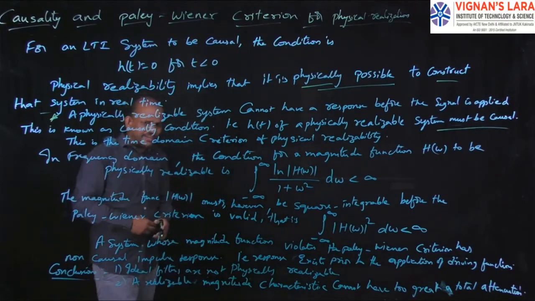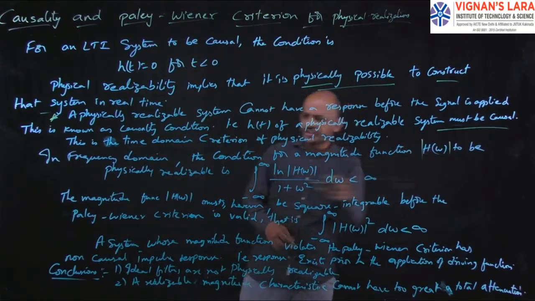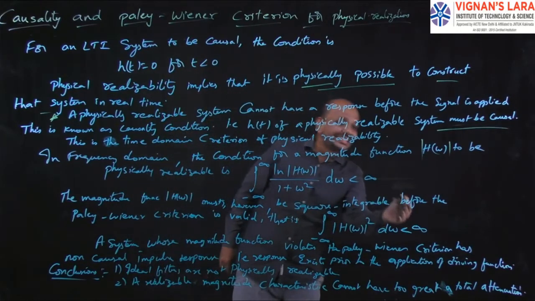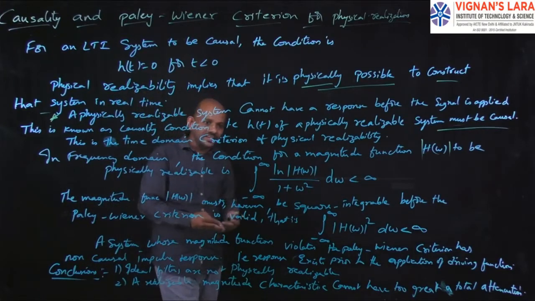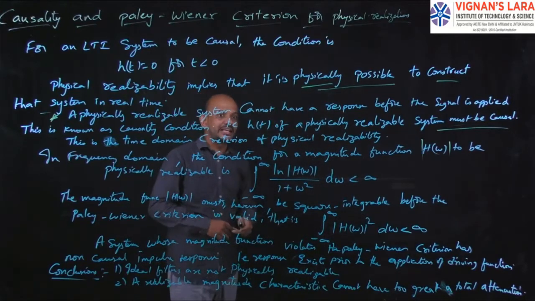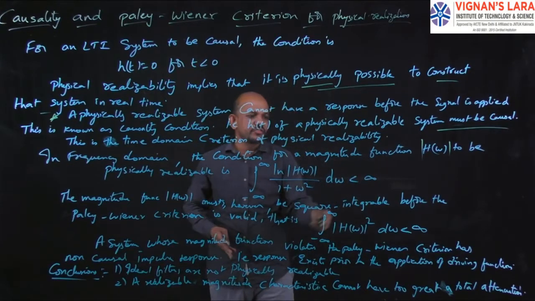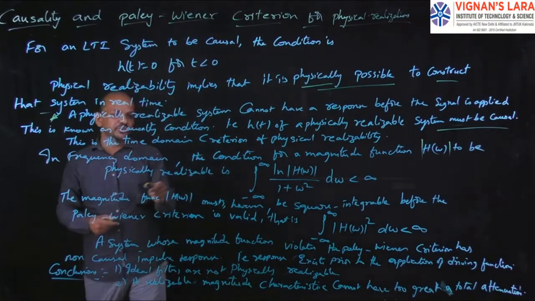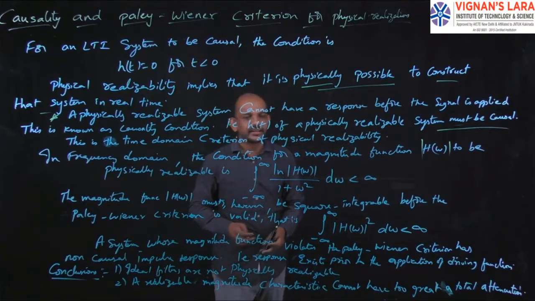Now the magnitude function |H(omega)| must however be square integrable before the Paley-Wiener criterion is valid.